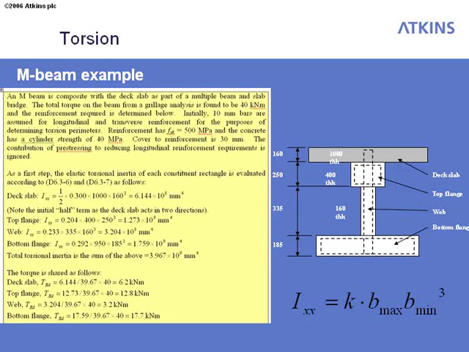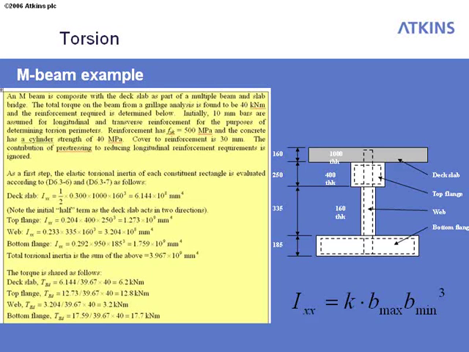You can see the way the section's been split up, and the calculation here is working out the torsional stiffness of the deck slab, the top flange, the web and the bottom flange, and hence the total torsional inertia of the whole cross-section. Having got those individual torsional stiffnesses, we then work out the share of torsion in each element on the basis of the share of the torsional stiffness that it contributed.